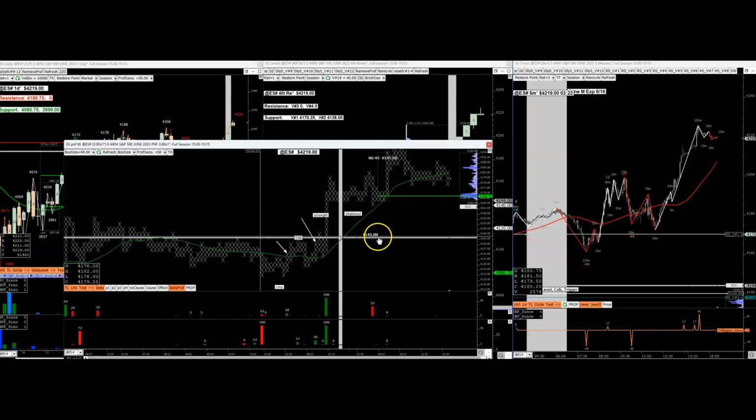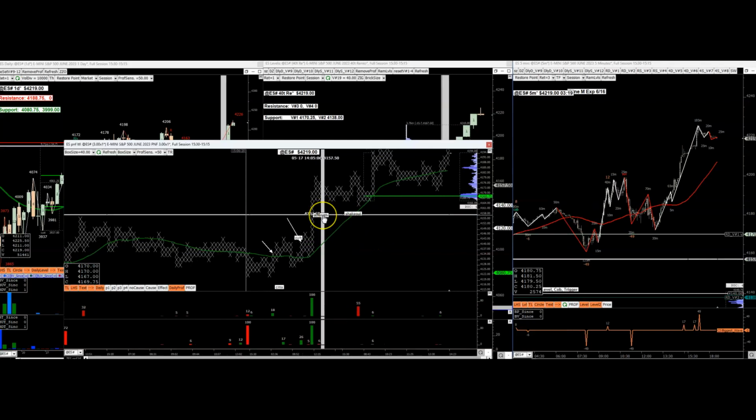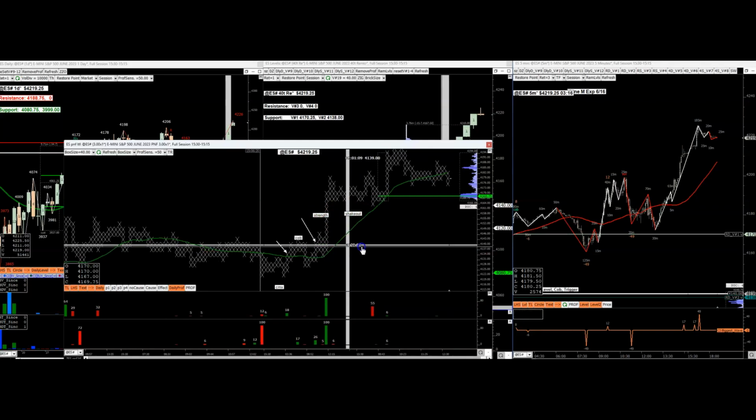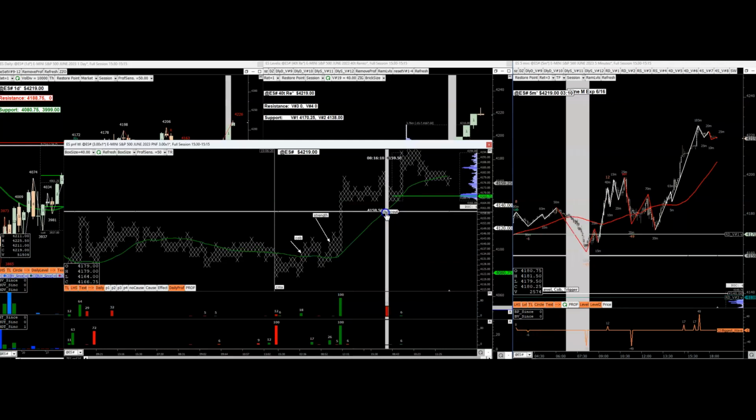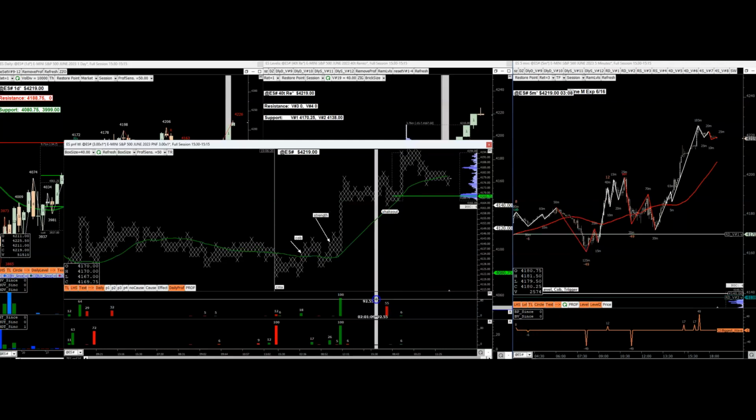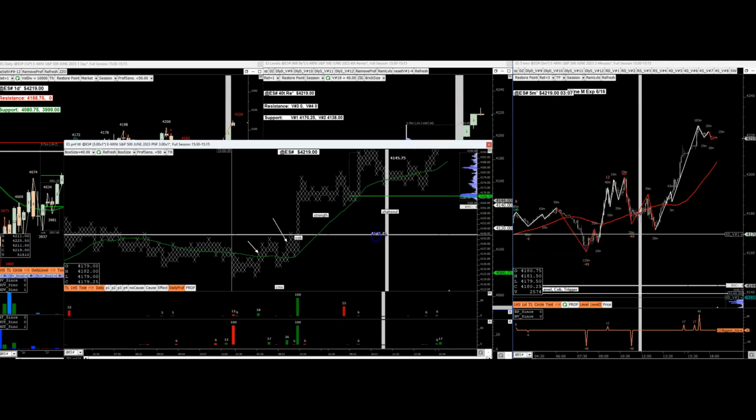Anyway, it messed up. Fix this later. Shakeout right there. That's the shakeout, that heavy volume. All right, now we keep on going.